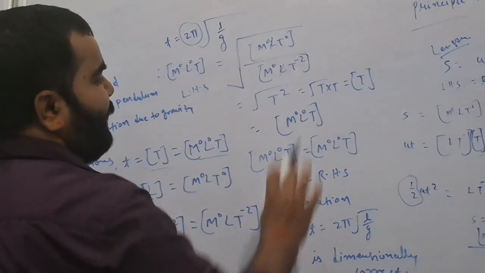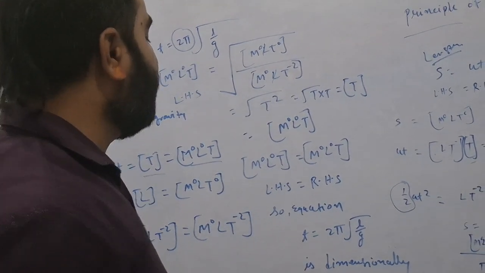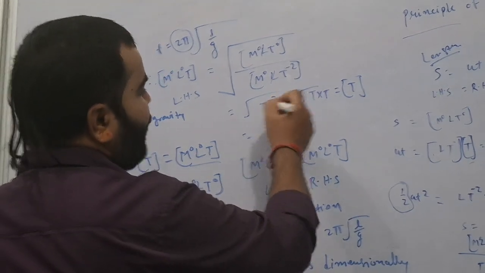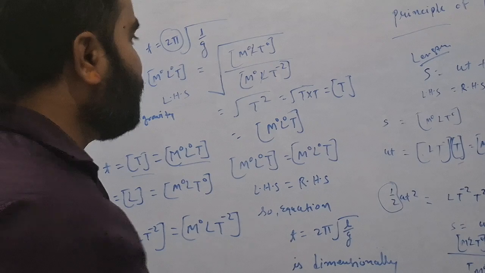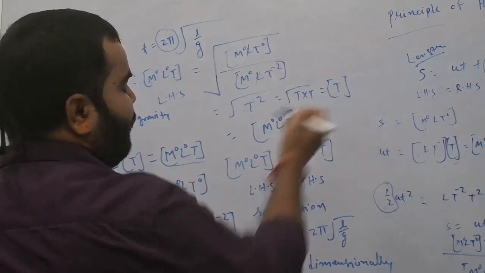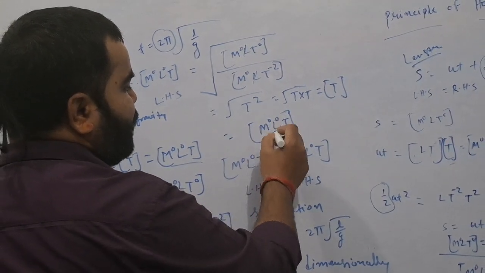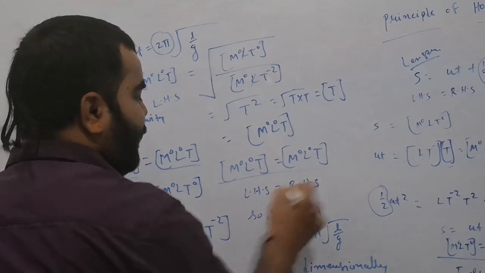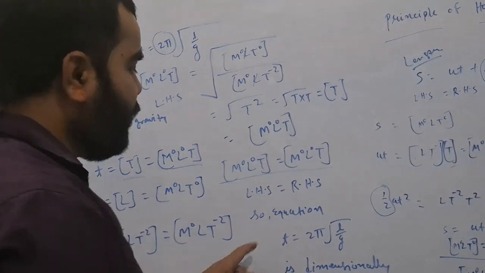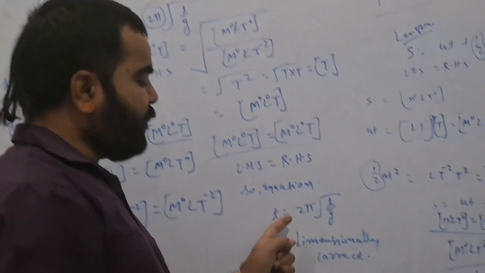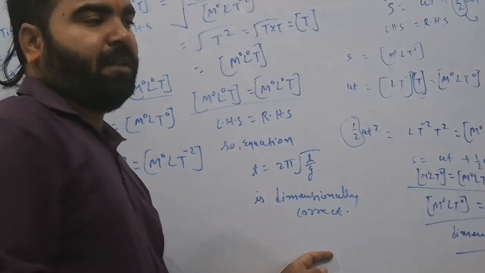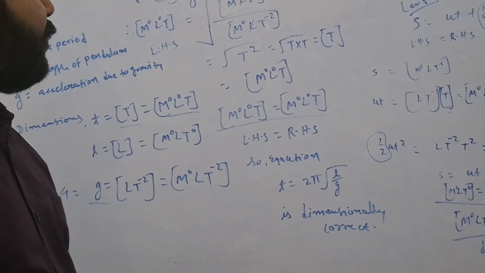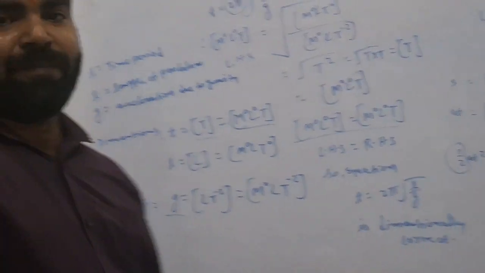So 2 pi would be dimensionless. Now T is squared under the root, so out of 2 we can take out 1. So here is T, and we can write M0, L0, T. Now LHS is equal to RHS. So equation 2, T is equal to 2 pi root over L by G, is dimensionally correct. Okay. So thank you. All the best. Jai Hind.